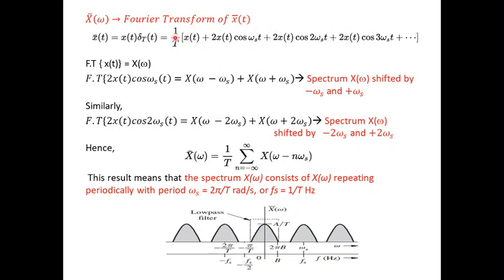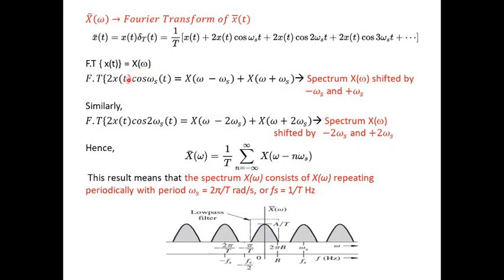So the Fourier transform of x of t is given as x of omega. Similarly, the Fourier transform of 2 into x of t cos omega s t is given as x of omega minus omega s plus x of omega plus omega s.